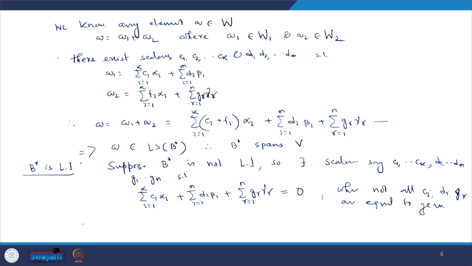So, this implies that one can write sigma Ci alpha i plus sigma Di beta i equal to sigma minus Gr gamma r, r equal to 1 to n, with i equal to 1 to m and i equal to 1 to k please.